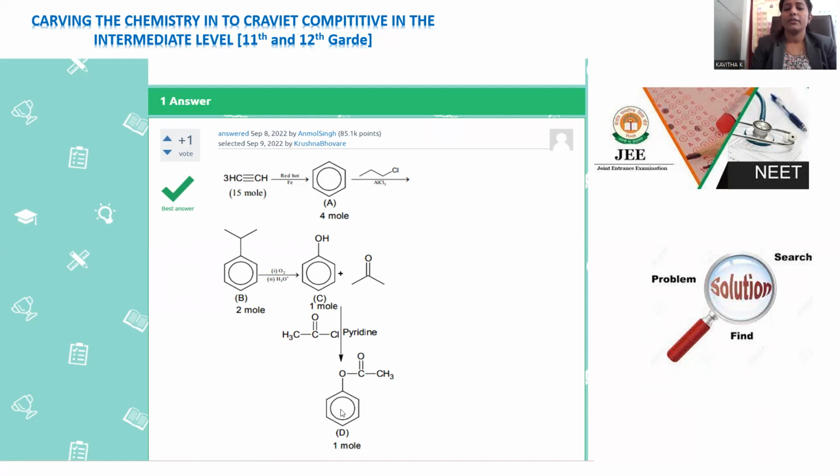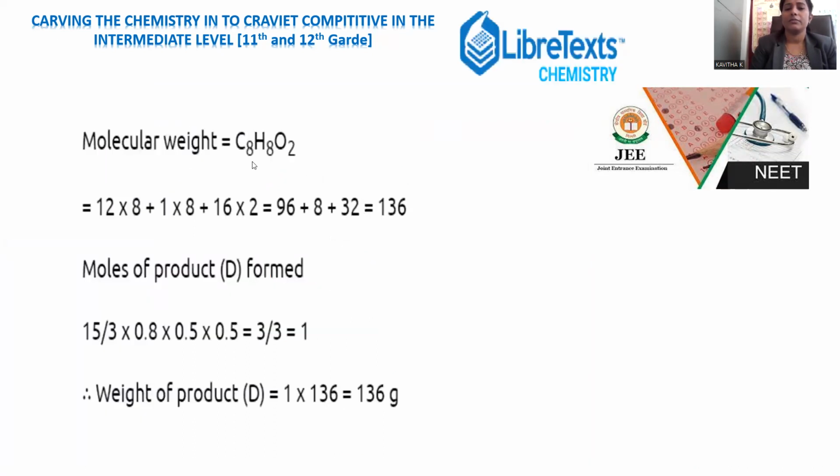The final product molecular formula is given as C8H8O2. Right, so let's deduce its molecular weight. Molecular weight can be calculated as 8 carbons multiplied by 12, then 8 hydrogens, and 2 oxygens multiplied by 16.